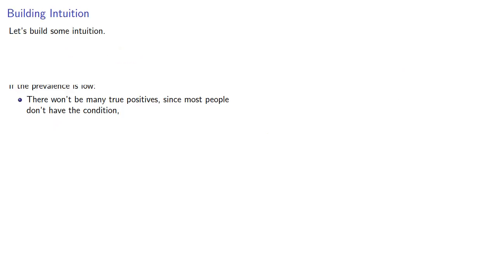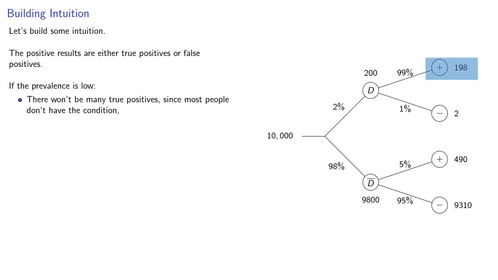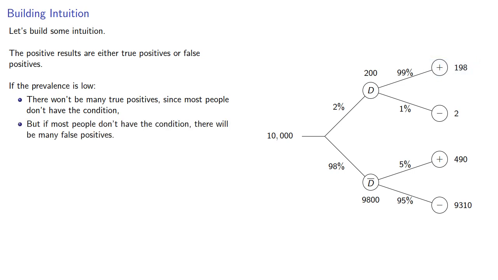Now, it's always worth building up some intuition, so let's do that. The positive results are either true positives or false positives. If the prevalence is low, there won't be that many true positives since most people don't have the condition. But if most people don't have the condition, there will be many false positives.